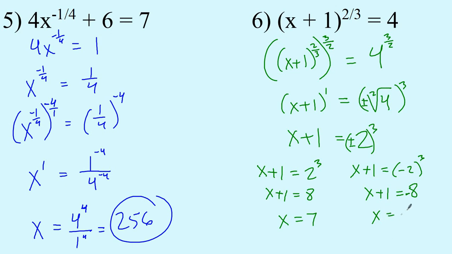I hope you're smarter than me, all right? Goodness, guys. All right, so we subtract the 1, and we get negative 9. We want to plug them back in, see if they work. If you plug them both in, they both should work.